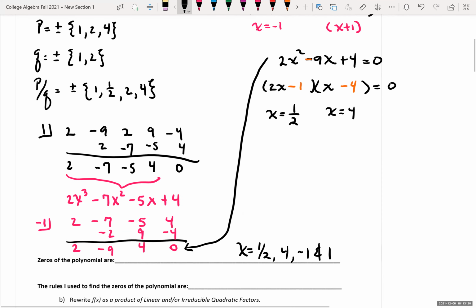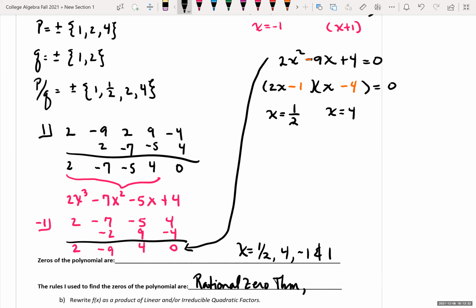Wanted to know what rules I used. I used the rational zero theorem. And I used synthetic division to help me solve this. So some of you had used Descartes' rule of signs as a way to help you, and that was fine.